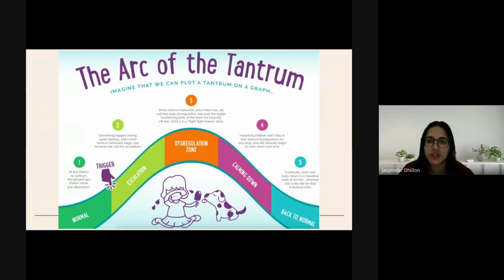When a child is getting dysregulated, as you can see in this image, the arc of a tantrum, and they reach the orange zone and a tantrum occurs, it's important that we respond to the child calmly and effectively.